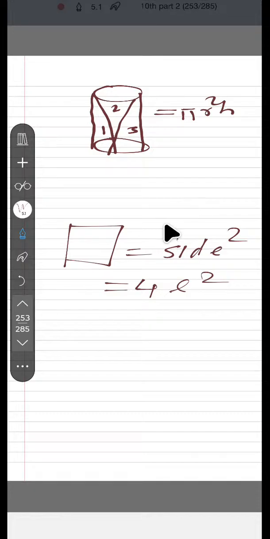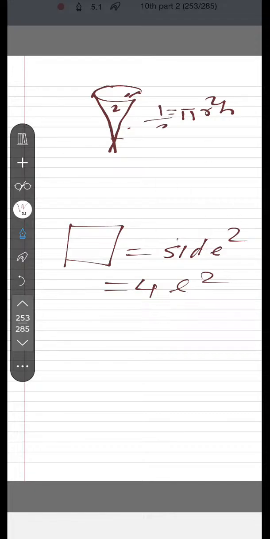Now what exactly does a cone mean? Simply, if I take that much of the cylinder, the shape I get is nothing but a cone, and it is one-third part of the whole cylinder.